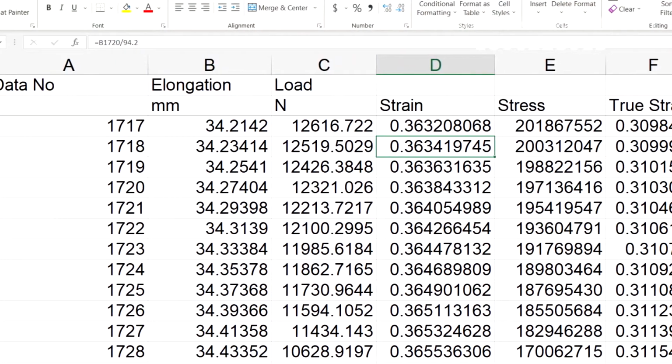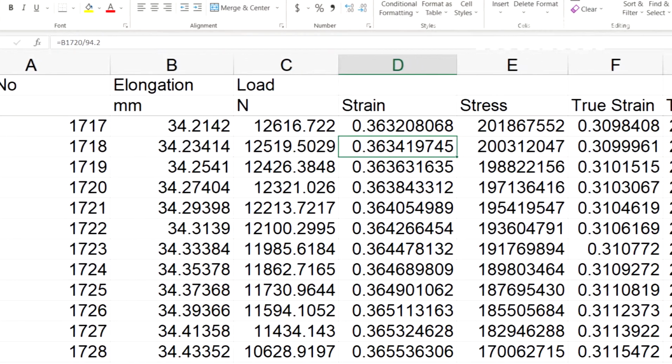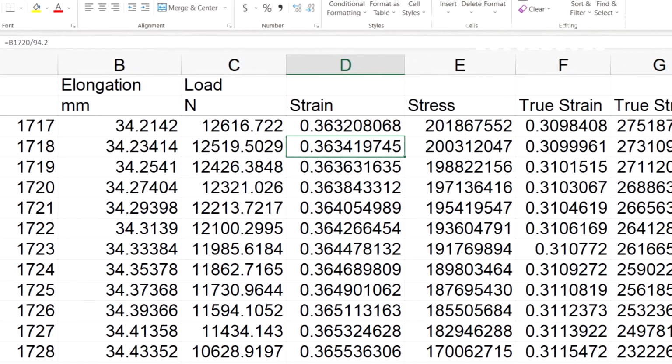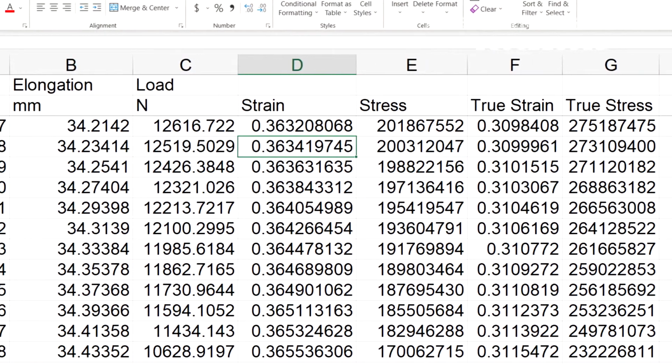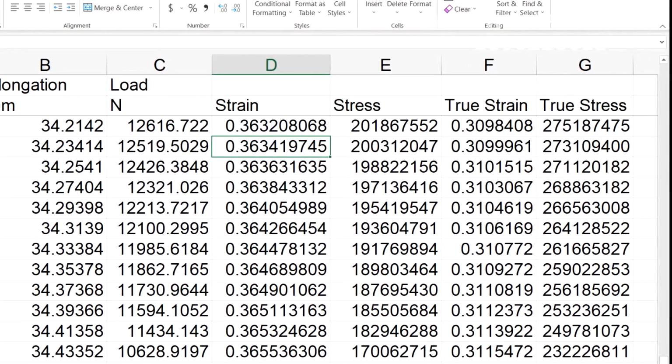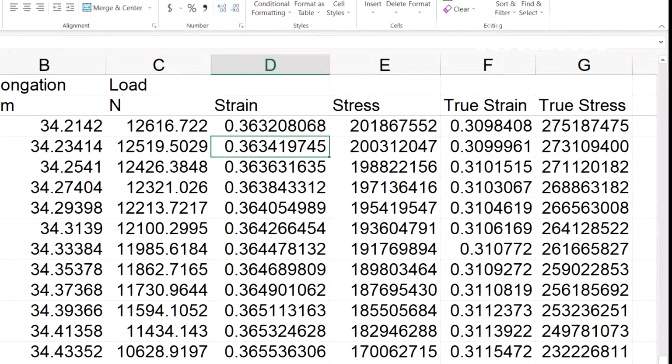This is the data that we got. We only got the elongation and load data, and then we calculated the strain and stress data. Now let me explain how I get the strain and stress values and also the true strain and true stress values. For the strain value, I calculate the elongation value divided by the initial length of the specimen. For the stress, I calculate the load divided by the cross-sectional area of the specimen.